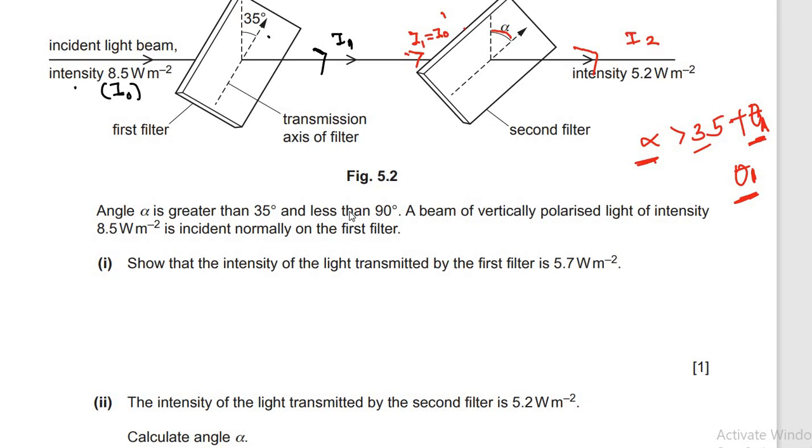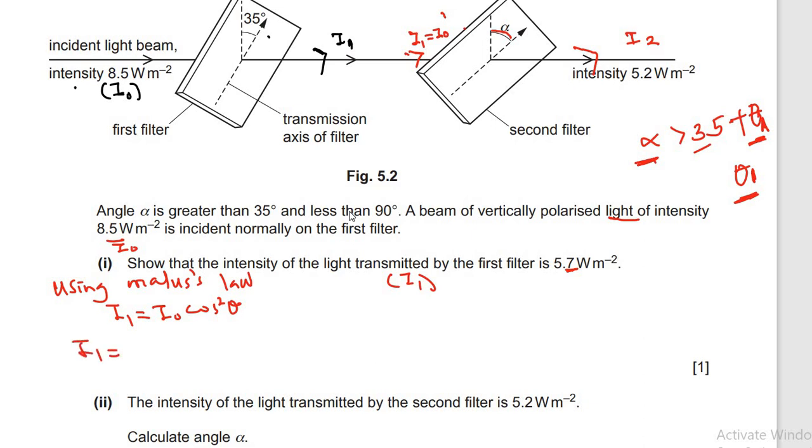A beam of vertically polarized light of intensity I0 is normally incident on the first filter. Show that the intensity transmitted by the first filter is I1. So using Malus's law, I1 equals I0 cos squared theta.